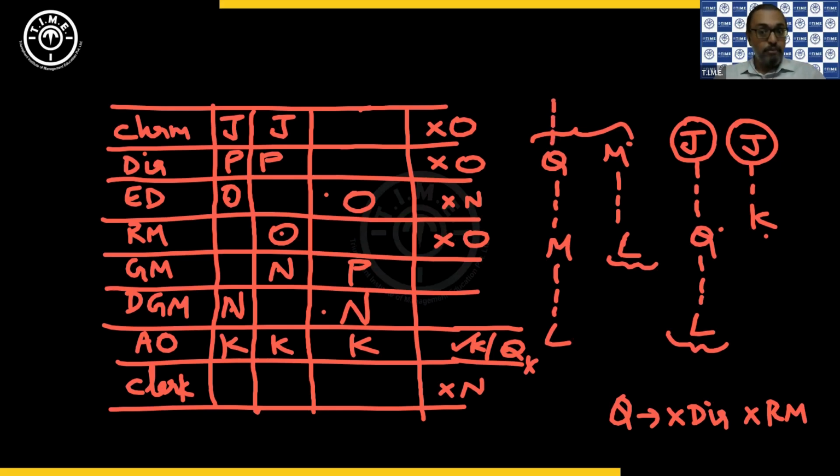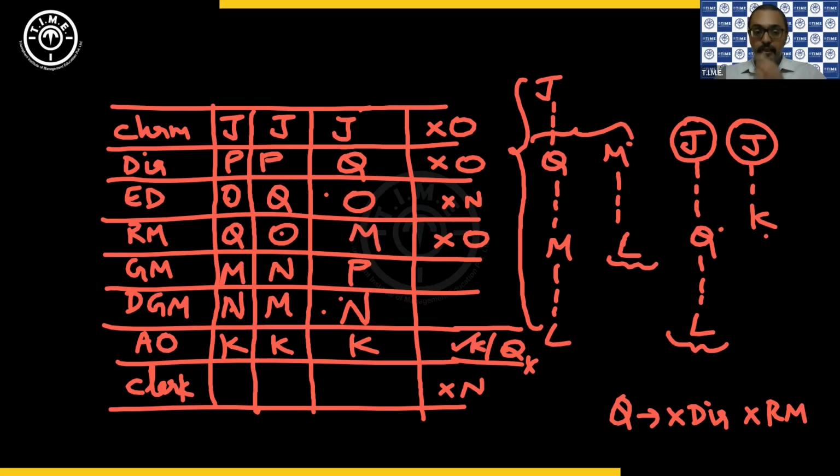So in those 4 empty positions, these are the persons that you have to fix. J, Q, M, L. What is that order? Correct? So we have J, then you have Q in the second available position, then you have M in the third available position, and then L in the last position.